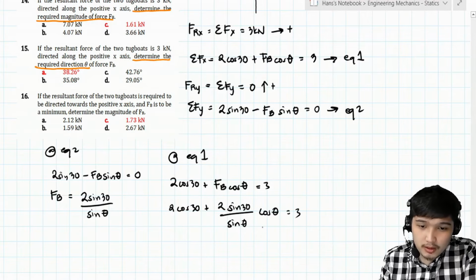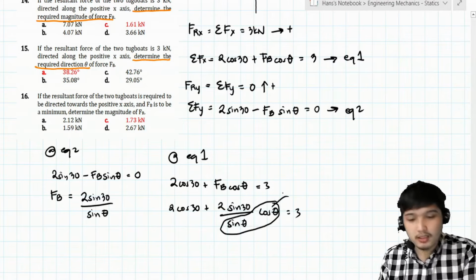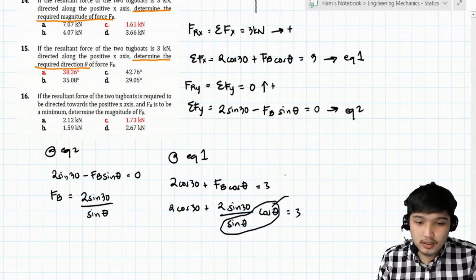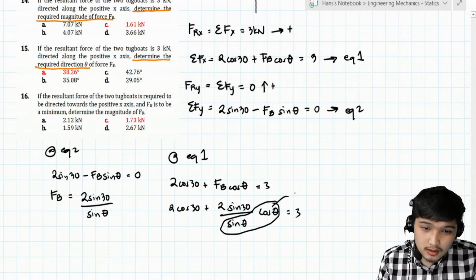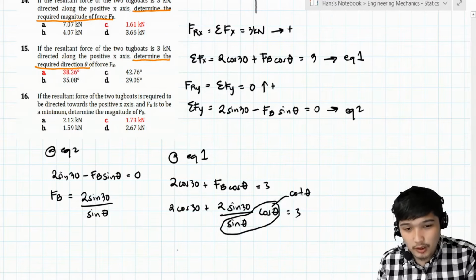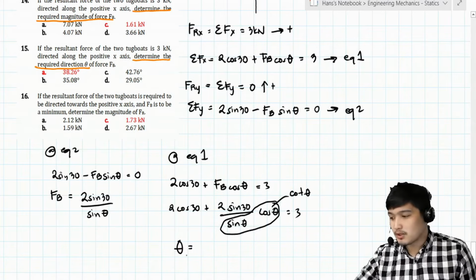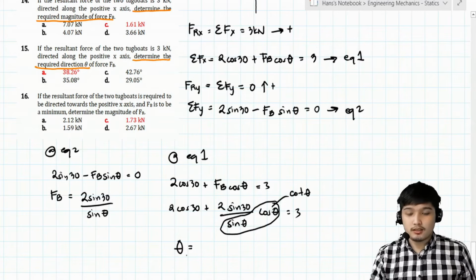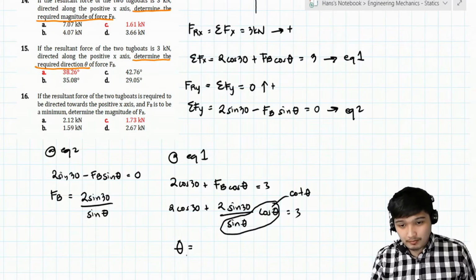So, cosine over sine, ilan yan? Cotangent yan, di ba? Tama ba? Cotangent of theta. So, ibig sabihin class, naka-generate tayo ng equation with only one unknown, which is yung theta. So, with that, ilan yung lalabas na theta dyan. So, kayo nang bahala dyan, class.